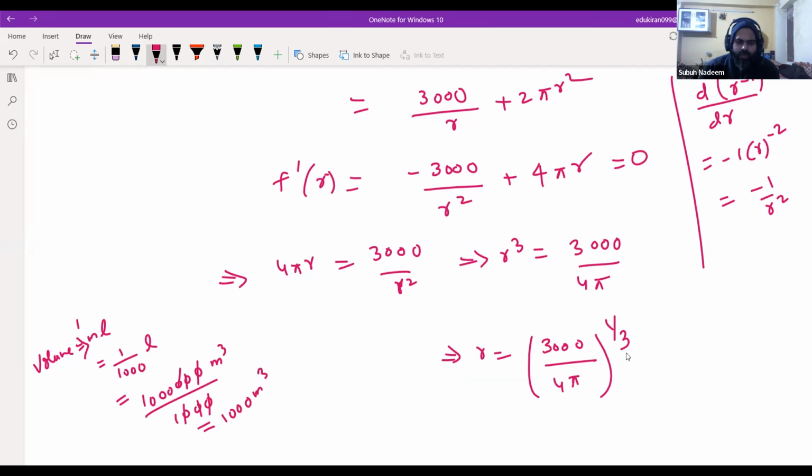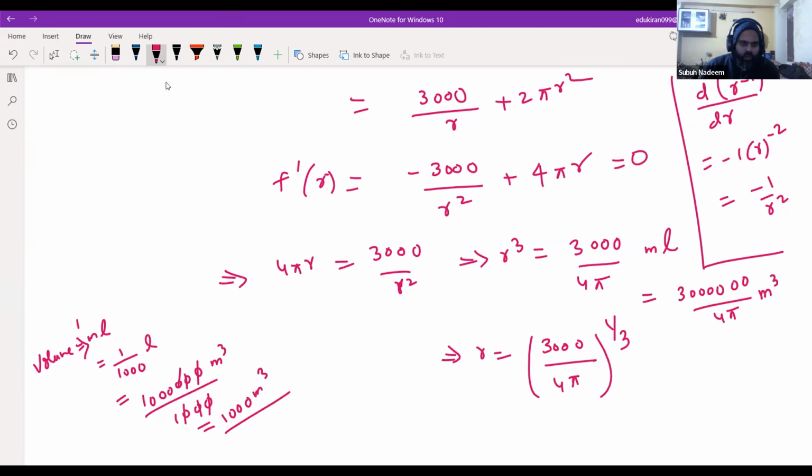When r cube is in milliliter, in the next step you can write that 1 milliliter is 1000 meter cube. So this is 300000 by 4 pi meter cube.